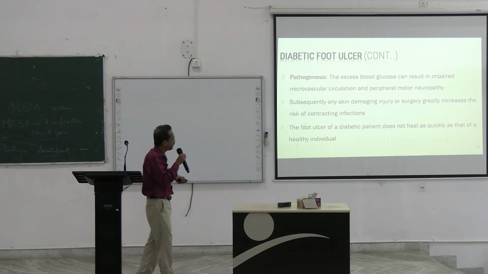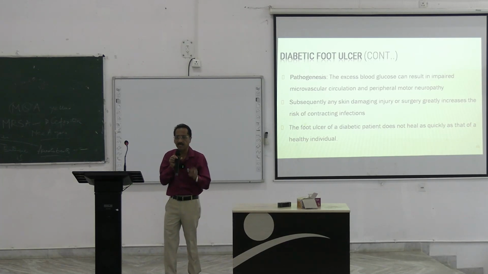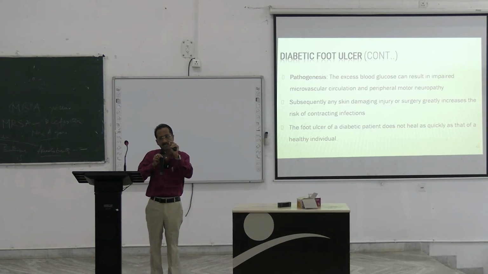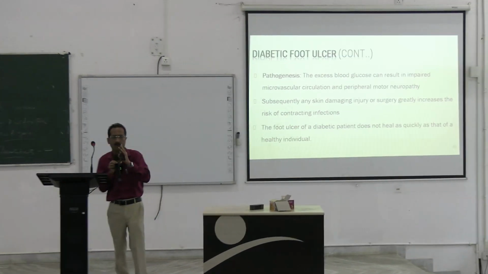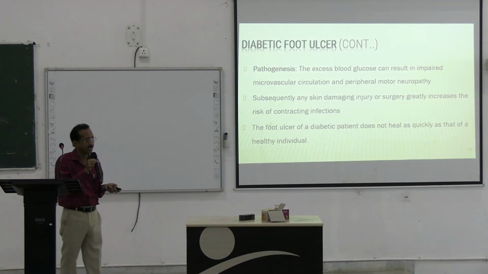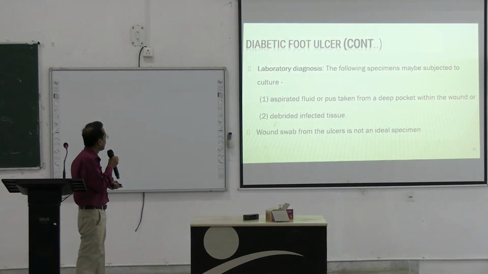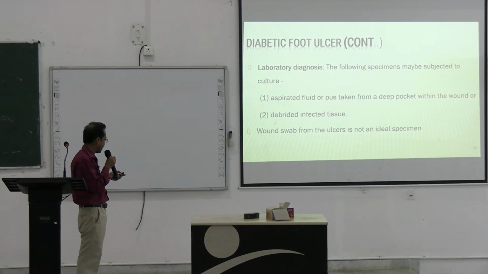What is the treatment? If necrosis is there, a small ulcer is there, that necrosed part should be removed surgically. The treatment with oral antibiotics may not suffice. It is already there, there is necrosis. So again, what is the sample?